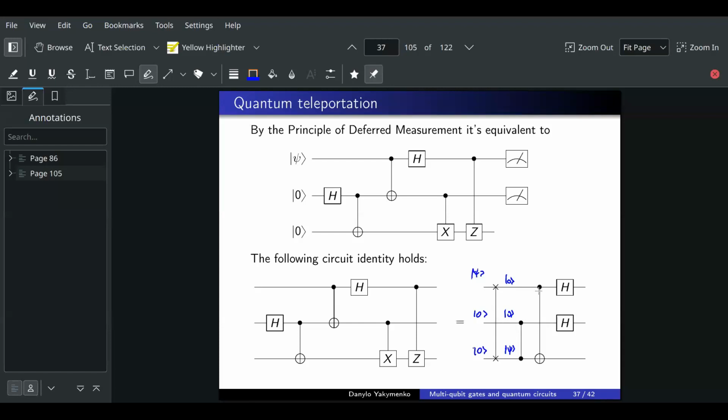And similarly here, this operation will have no effect because we have exactly the zero state here. So we can ignore these two operations. And in the end, it will be the action of H. So in the end, what we will have here is just plus, plus, and psi state.